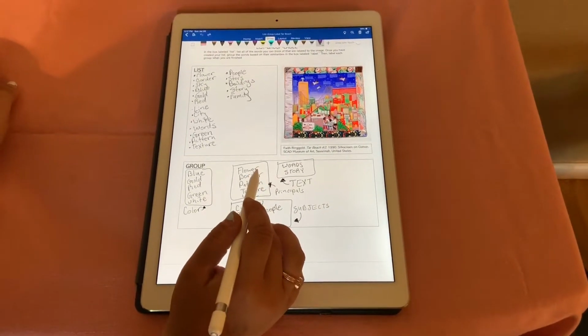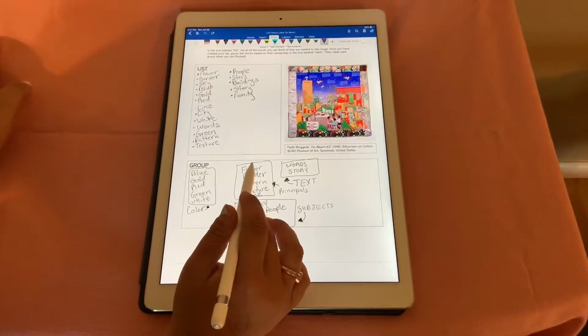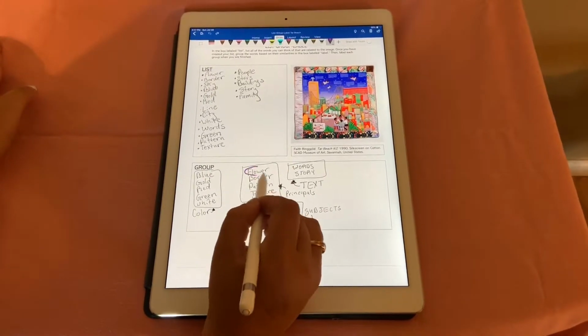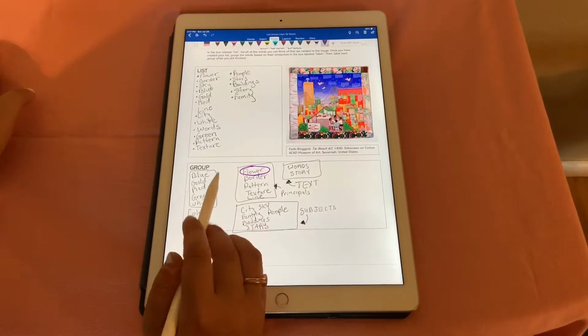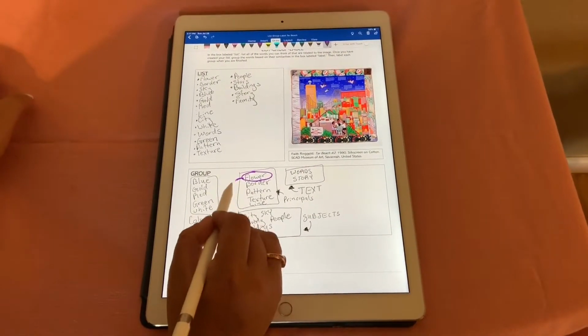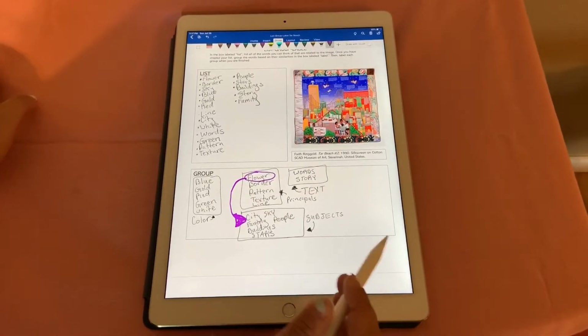Border, pattern, texture, and line would work, but flower doesn't really fit in this category. So we'd want to circle that, and flower would fit better in the category of subject, so we'd mark that he'd want to put it there.